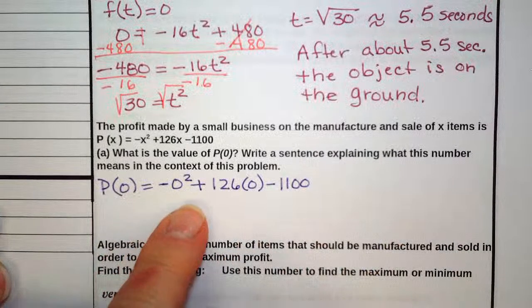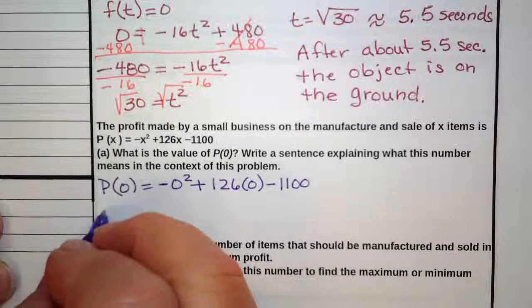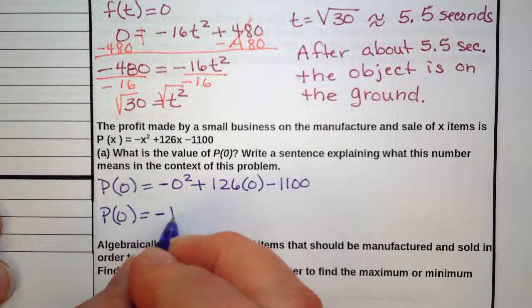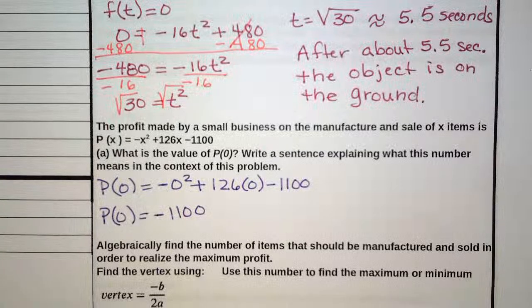Okay, 0 plus 0 minus 1100. So when I put 0 in, it is equal to negative 1100. What does it mean?